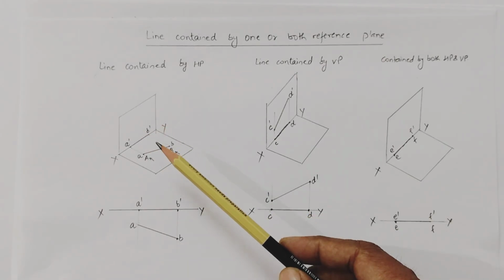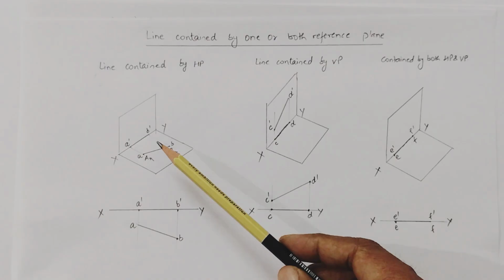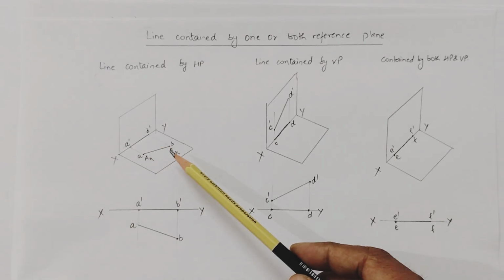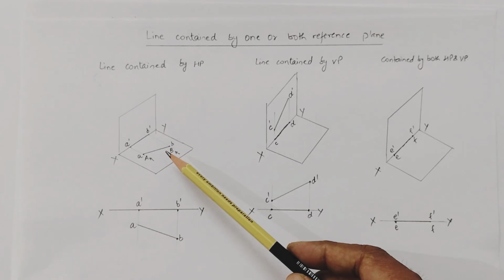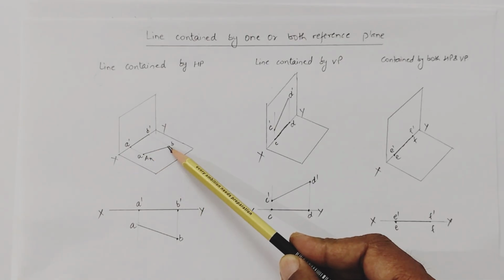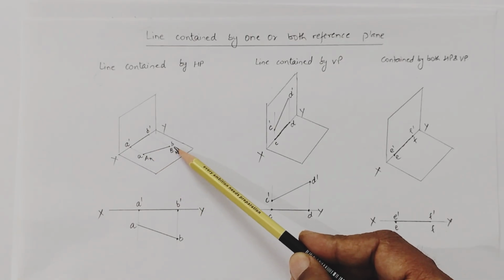So when we view from the top side, the projection will overlap, or we can say we will observe it in the horizontal plane, overlapping with the actual length of the line. So the projections we get, here for point A and here for point B, coincide with the length of the line.